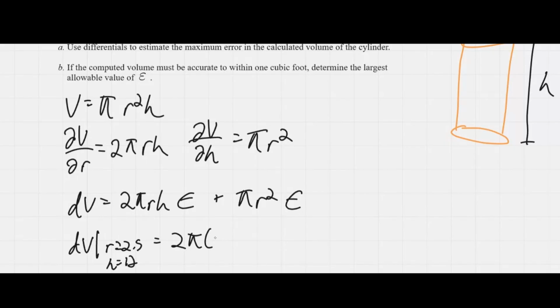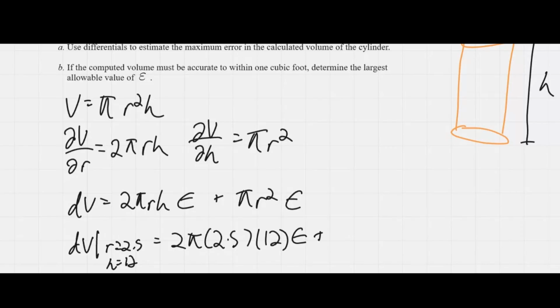So we have 2 pi times 2.5, times 12, which is h, multiplied by our error, which we're going to set as just epsilon.